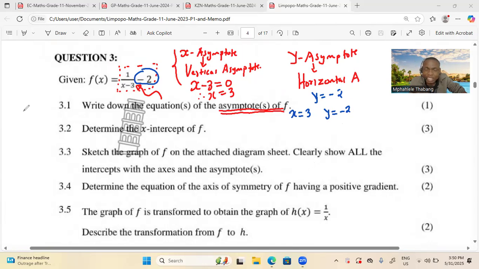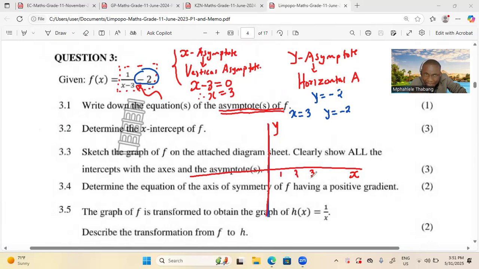The x asymptote and the y asymptote can be presented on a Cartesian plane. So you can think about it: this is my y-axis, this is my x-axis. Now I want to show the asymptotes on this plane. My x asymptote is 3, so I will say 1, 2, 3.